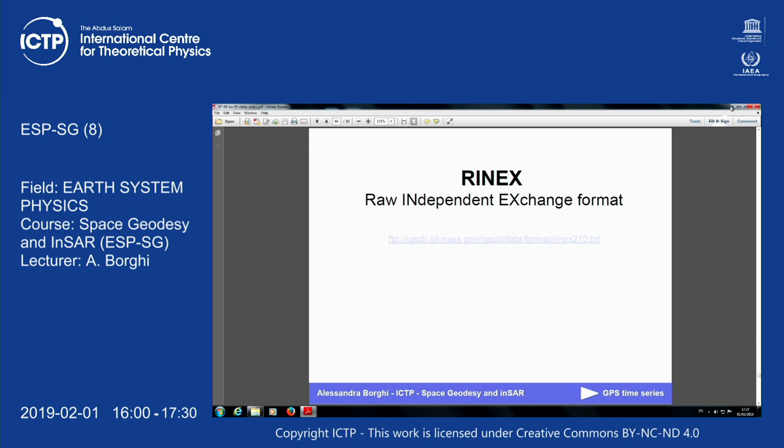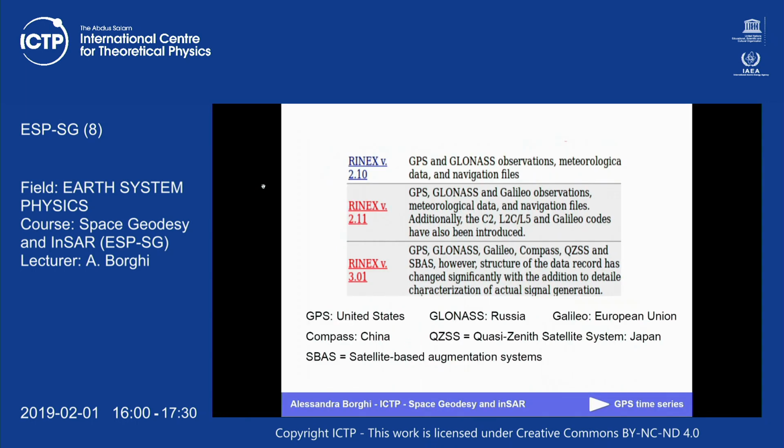There is probably a new version of the RINEX format. Over time they improved and changed this version of the format to include, for instance, GLONASS observations, Galileo observations, and so on, because now we have instruments that are able to receive data from different constellations, from different satellite positioning systems: GPS, GLONASS, Galileo, and so on.